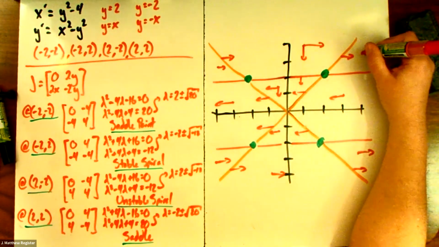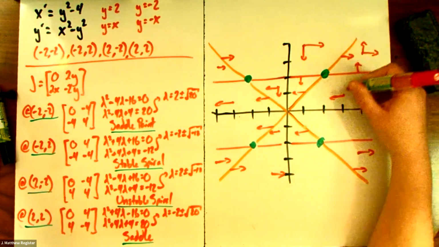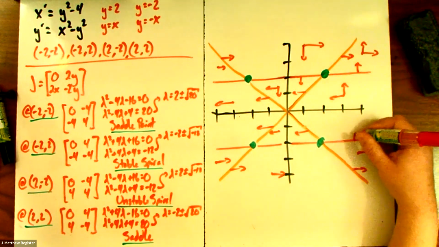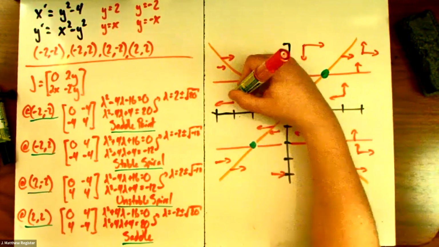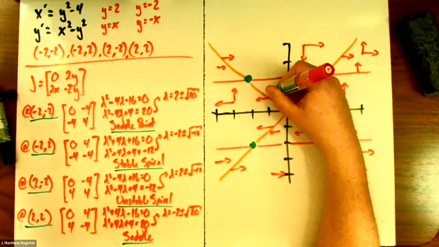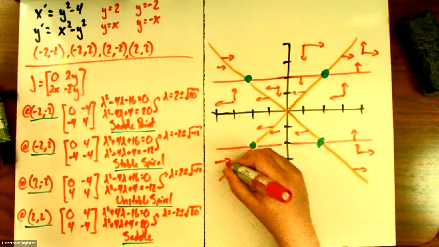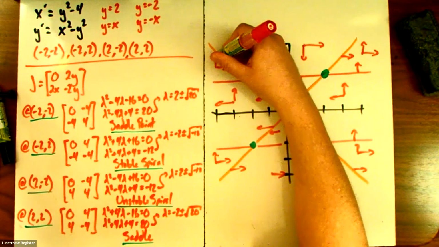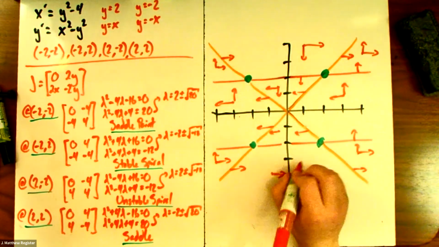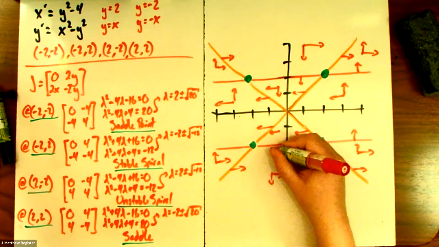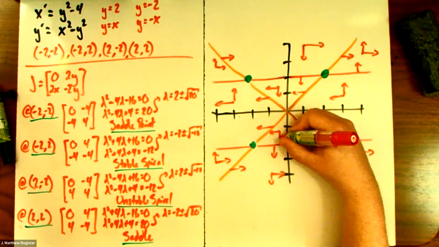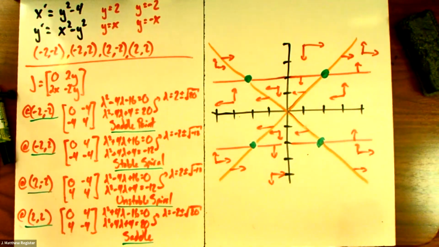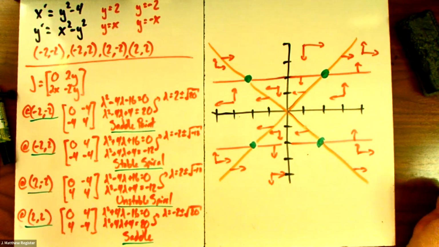It'll switch to positive as we are on the sides. And positive and positive. And then down below, it will go negative again. And I believe that is the directionality on all of them.